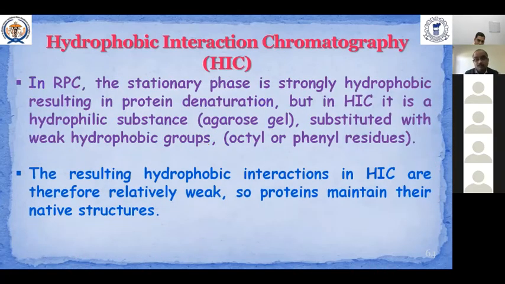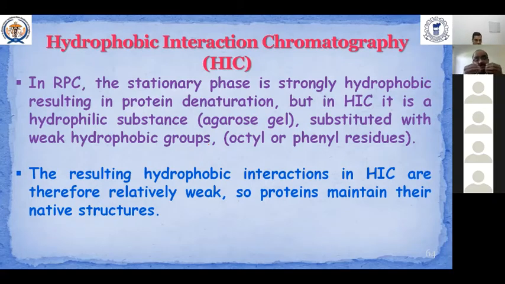So by this hydrophobic interaction chromatography, because the hydrophobic interaction between the stationary phase and the protein molecule is weak, elution is carried out by a weaker mobile phase.